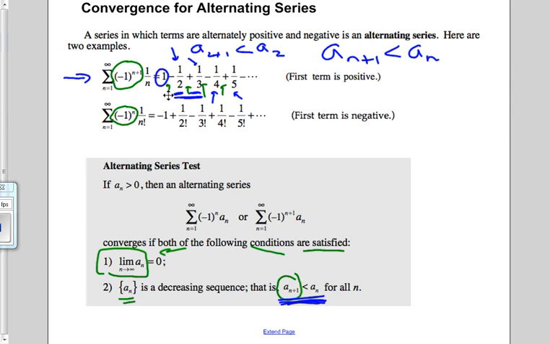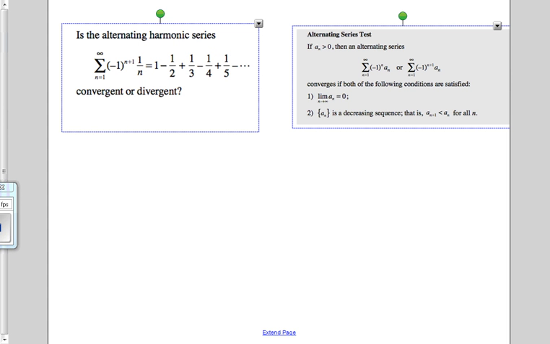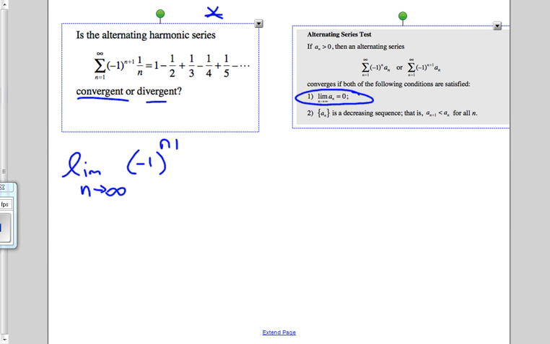Okay, so let's look at that. What we were just looking at, is it convergent or divergent? So the first thing we need to say is, the first condition, does the limit as n approaches infinity of a sub n equal 0? So we're saying the limit as n approaches infinity of -1 to the n plus 1, well, that's just going to change sign, minus, positive, and then we have 1 over n.